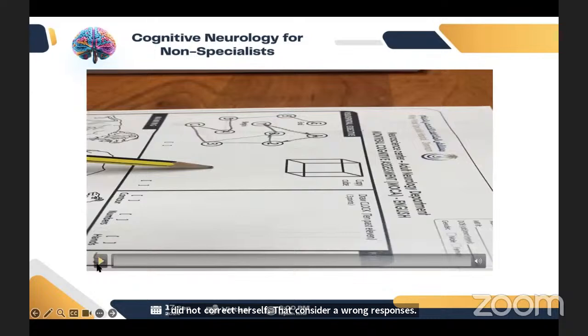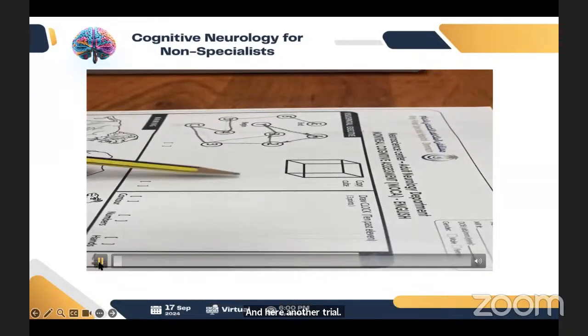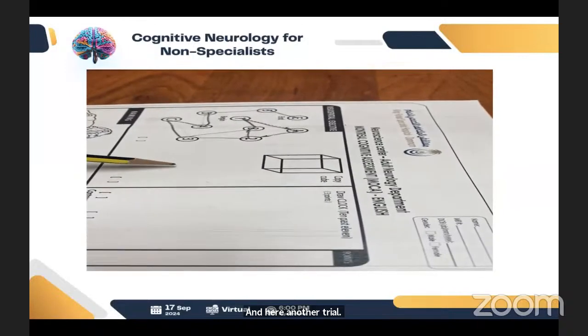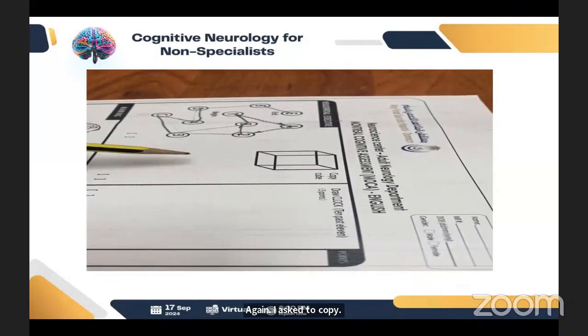And here is another trial. Again, I asked Dr. Roa to copy this drawing as accurately as she can.